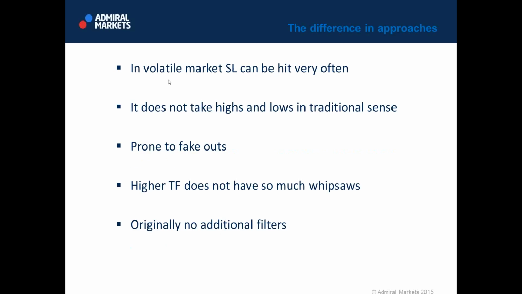Now, in volatile markets, stop loss can be hit very often. That is obviously what Tom DeMark wanted to avoid, because he recommends trading on the 4-hour time frame. The 4-hour time frame can be volatile, but it usually does not make any whipsaws.